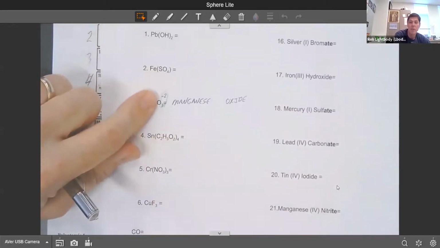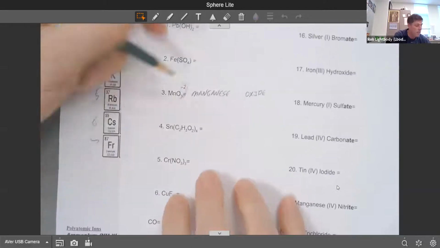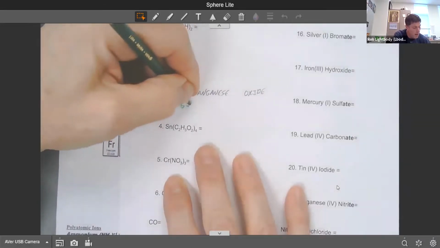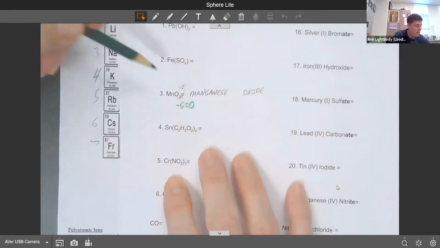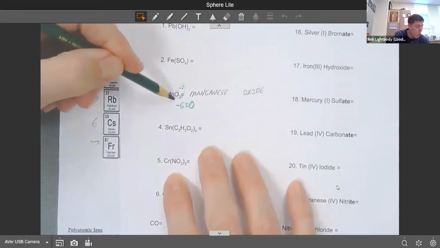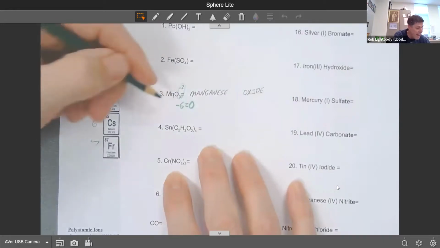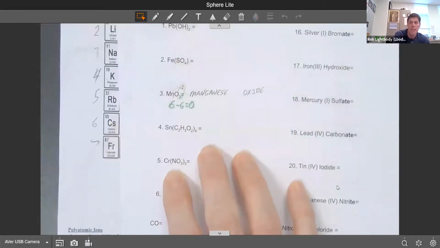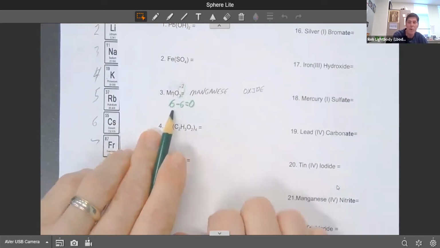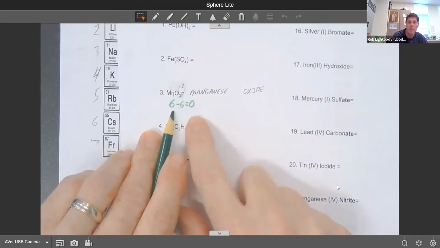Non-metals never change charges. Oxygen will always be a -2. So 3 times -2 is -6. Whatever the charge of the manganese is, 1 times that value has to equal 6, because I need this value total for this to be a true statement.